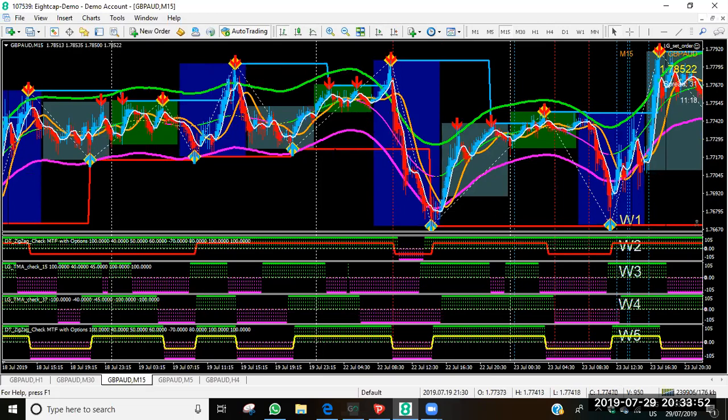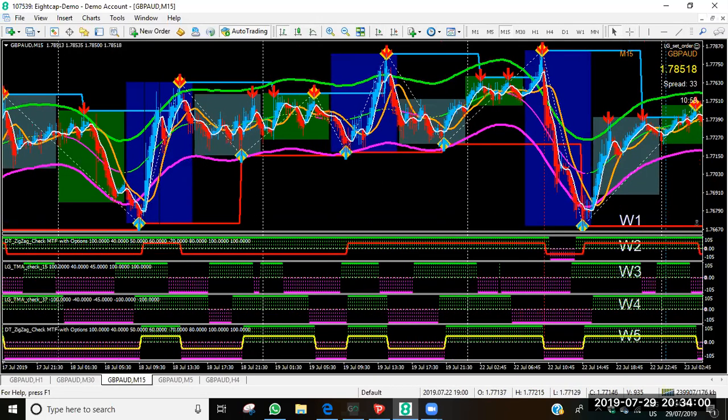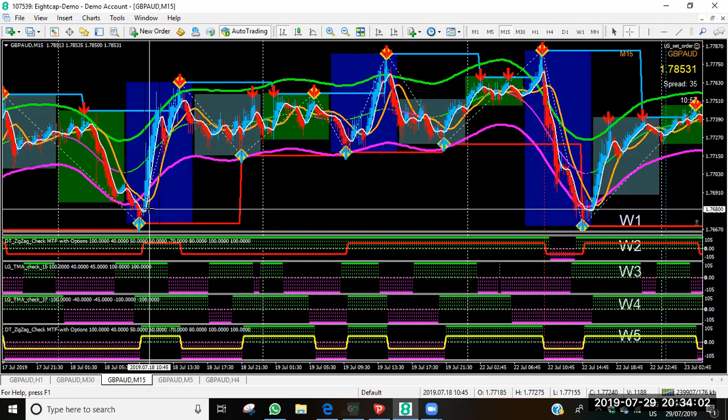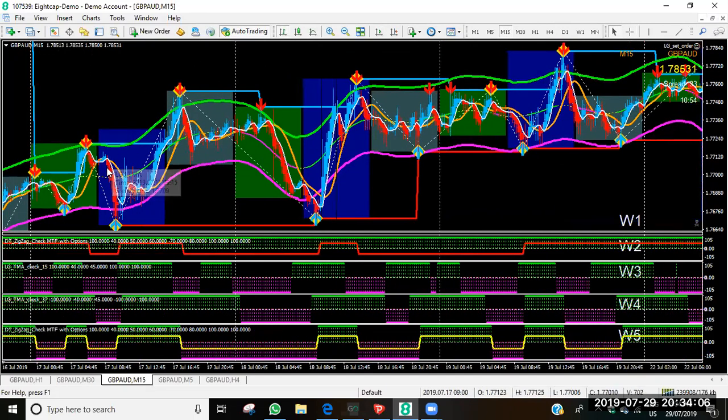Yep, 52. This one is a little bit busier. Yeah, 100. So the London session consistently will move those sorts of movements, and when the price is moving, it's easier to see the trade.